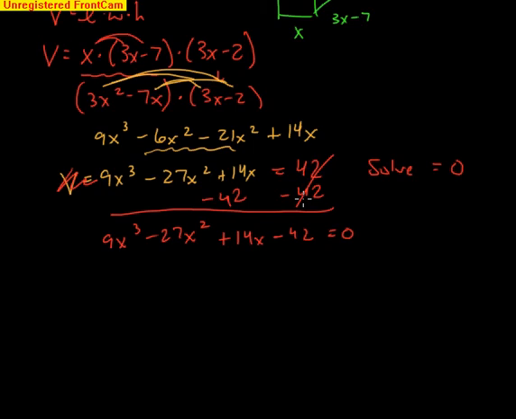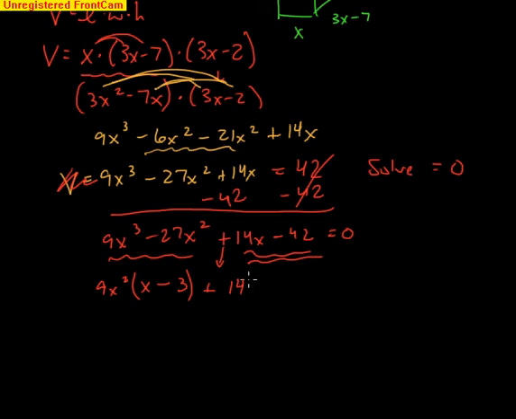The 42's cancel. And now this is a factor by grouping. Four terms. First two, second two. The common factor here is a 9x squared. That means the 9 goes away and x cubed becomes just x. The minus sign stays. 27 divided by 9 is 3, and the x squared is gone.